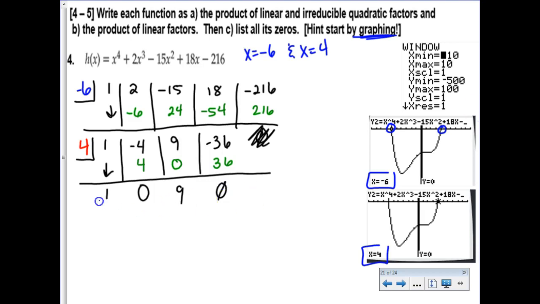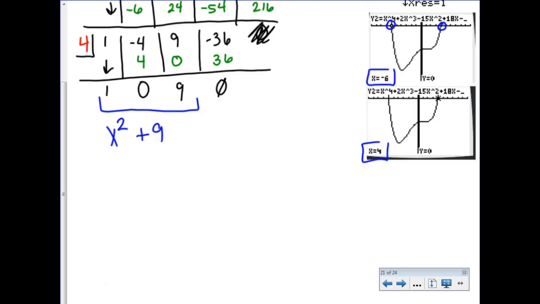So tell me, what quadratic is this? This is 1x squared plus no x's plus 9. So we have to read the directions carefully here. It said, write as a product of linear and irreducible quadratic factors. So the first answer is going to have the original factors from the calculator, called h of x.